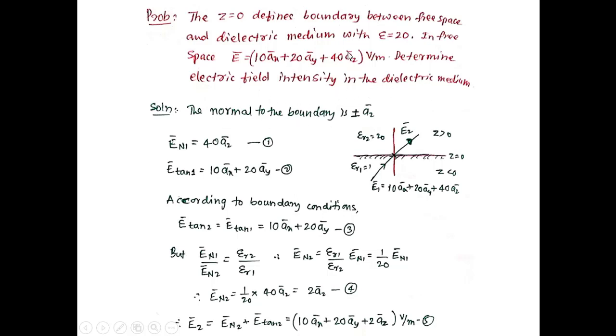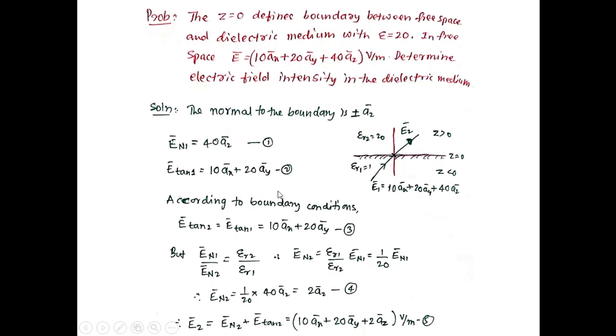The normal component is taken along the z direction, perpendicular to the boundary, given by plus or minus az bar. In the given E bar, 10ax bar plus 20ay bar is the tangential component and 40az bar is the normal component. According to boundary conditions, E bar tan 2 is equal to E bar tan 1, which is 10ax bar plus 20ay bar, equation number 3.